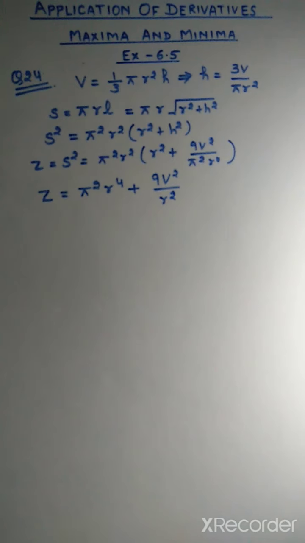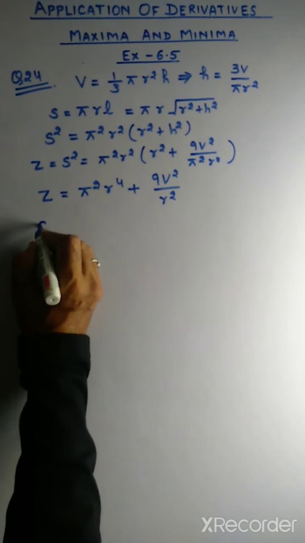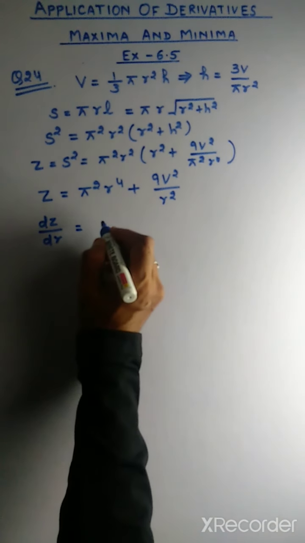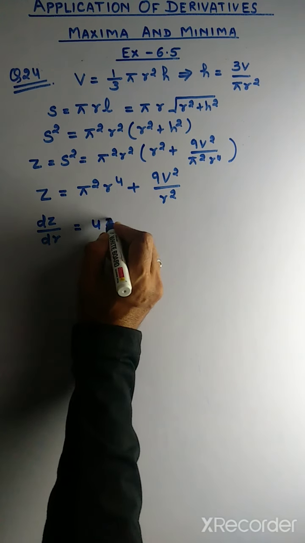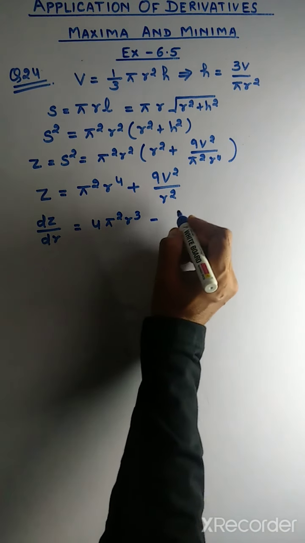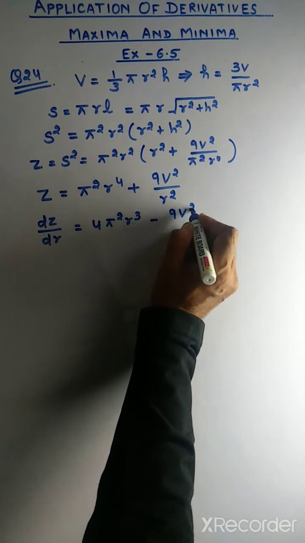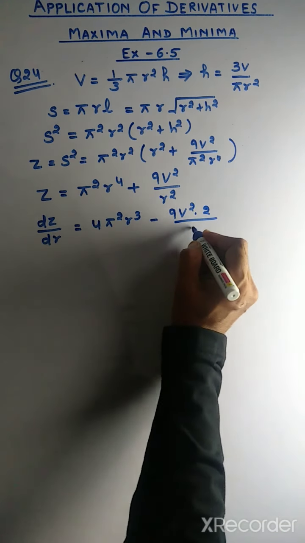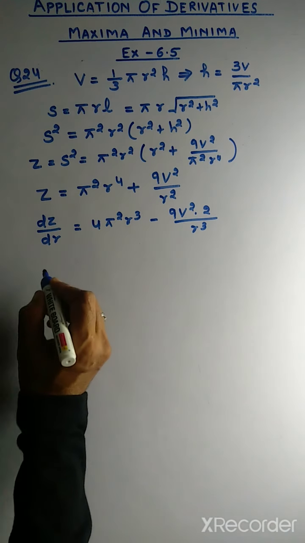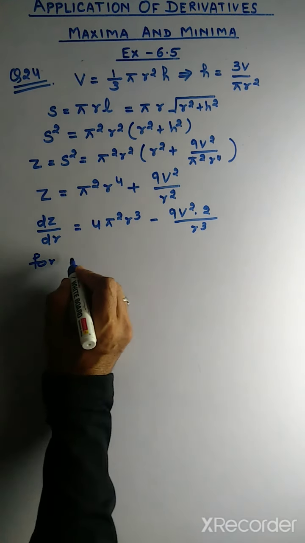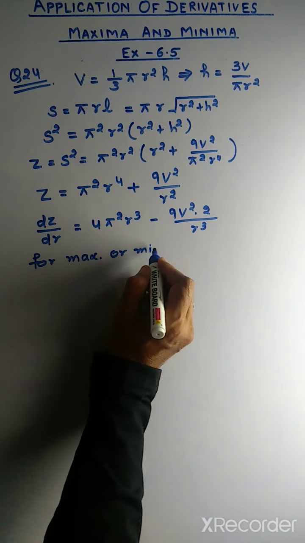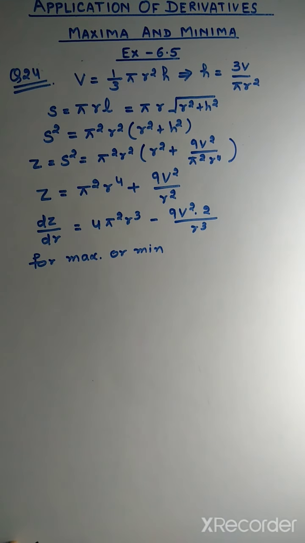Now differentiating with respect to r, dz over dr equals 4 pi square r cube minus 9v square into 2 upon r cube. Now for maxima or minima, dz over dr equals 0.